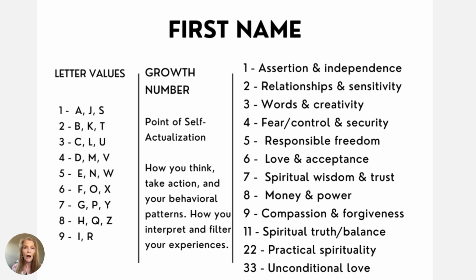Some people are procrastinators, right? And some people are impulsive. Some people are fearful, and some people have no fear, right? So it's, what is our default mechanism? How do we take that action or not? What are our default behavioral patterns? And how do you actually interpret and filter your experiences?